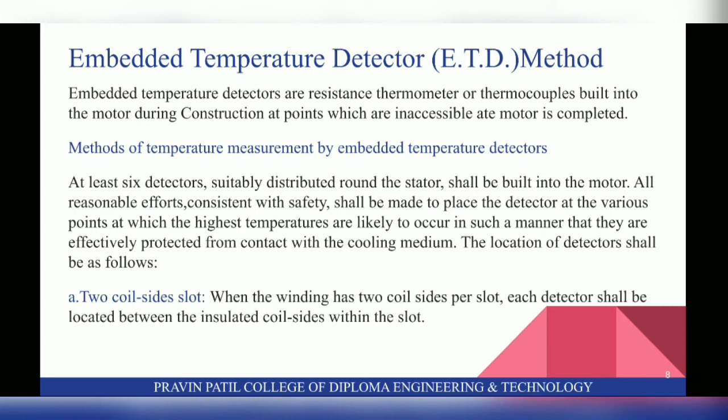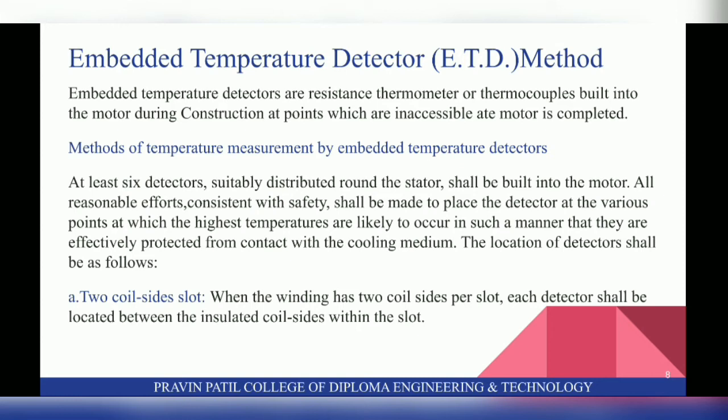So at least 6 detectors suitably distributed around the stator shall be built into the motor. All reasonable efforts consistent with safety shall be made to place the detectors at the various points at which the highest temperatures are likely to occur, in such a manner that they are effectively protected from contact with the cooling medium. The location of detectors shall be as follows.